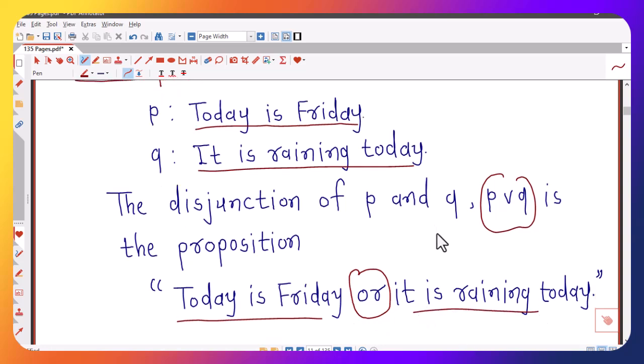So here P or Q is true if it is Friday today, or if it is raining today, or if it is Friday today as well as it is raining today. So P or Q is true if P is true or Q is true or both are true, and in other words P or Q is false if both P and Q are false.